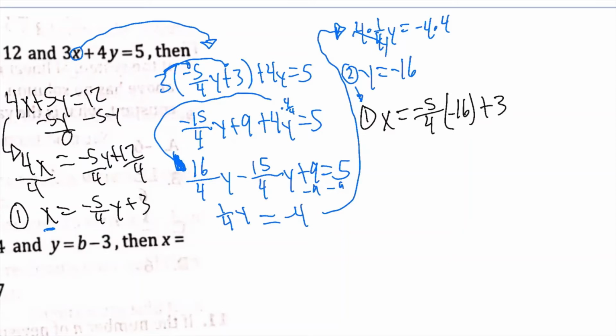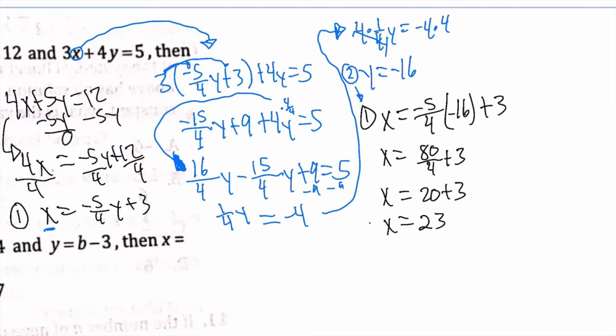Now, negative 5 times negative 16 is positive 80. So x equals 80 over 4 plus 3. 80 divided by 4 is 20 plus 3. X equals 23.